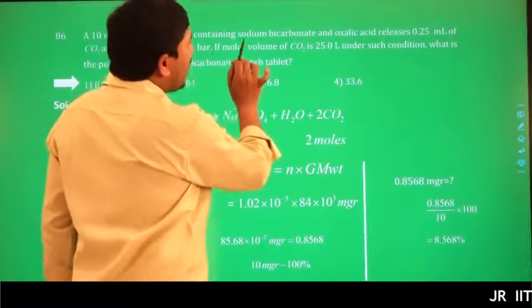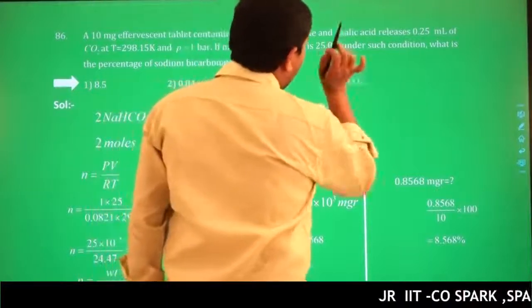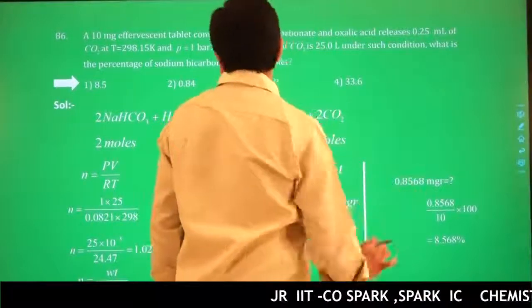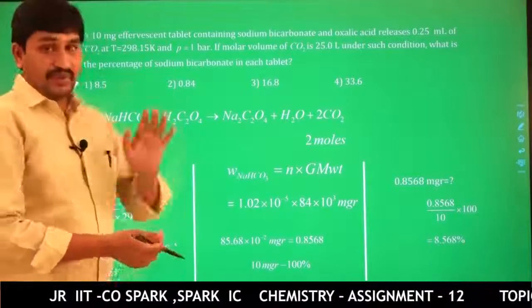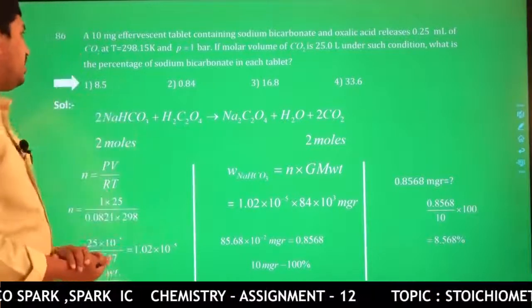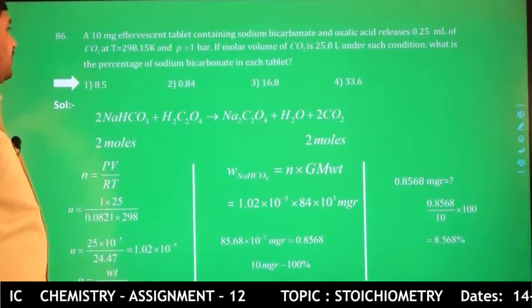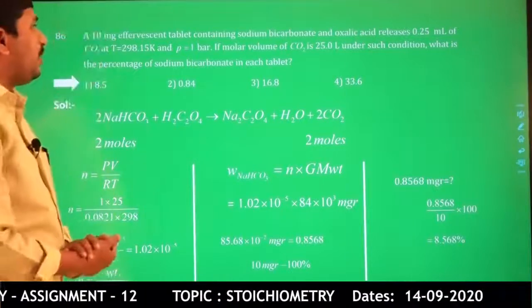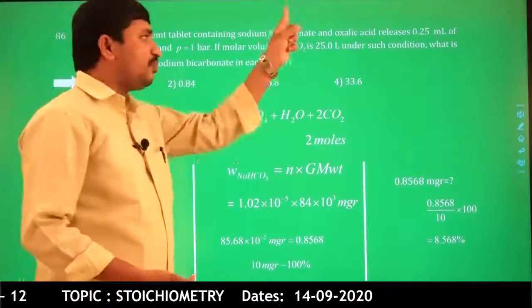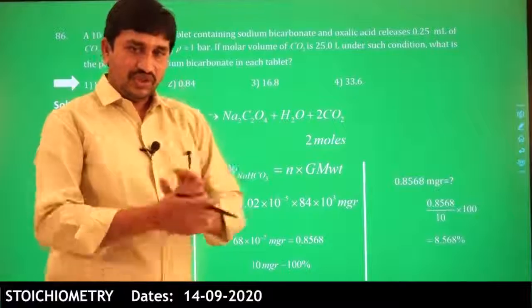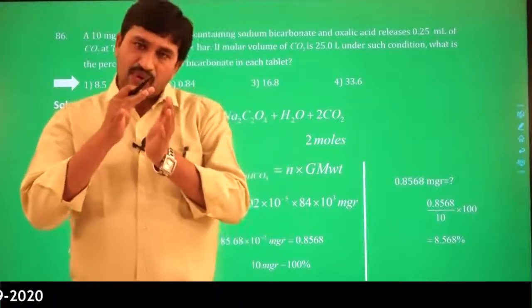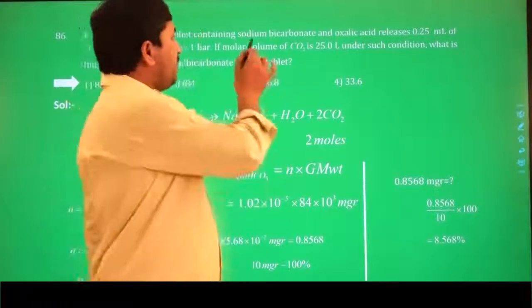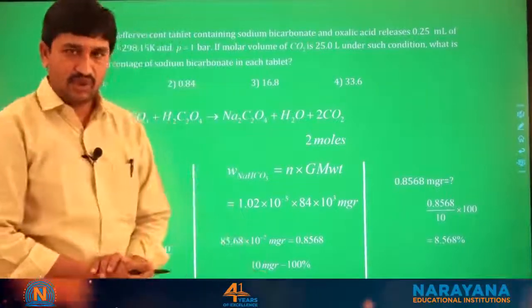If the molar volume of CO2 is 25 liters under such conditions, what is the percentage of sodium bicarbonate in each tablet? Got it? Here the 10 milligram effervescent tablet contains sodium bicarbonate and oxalic acid, both are there.